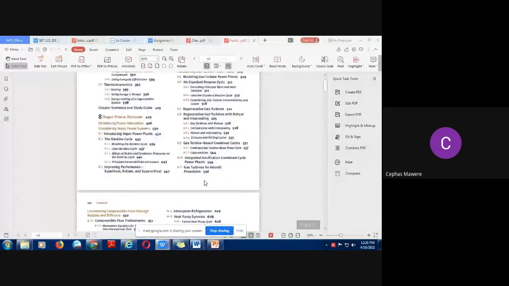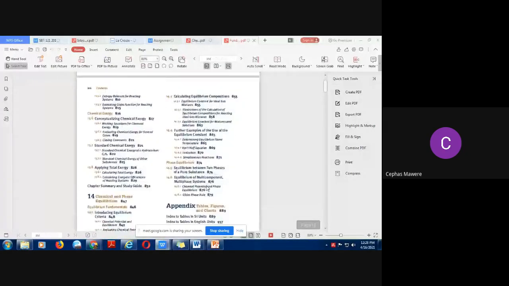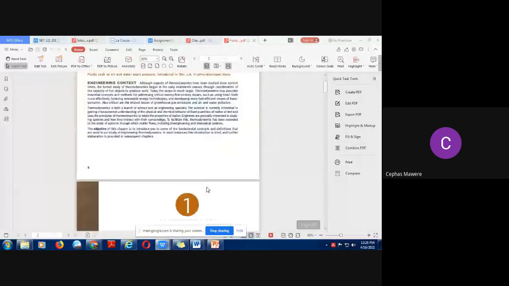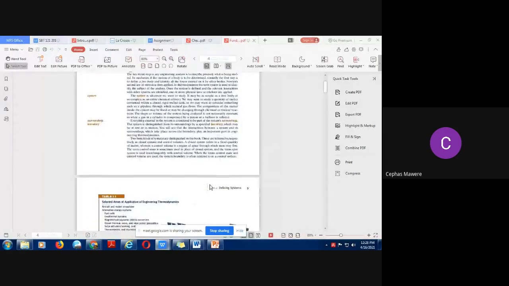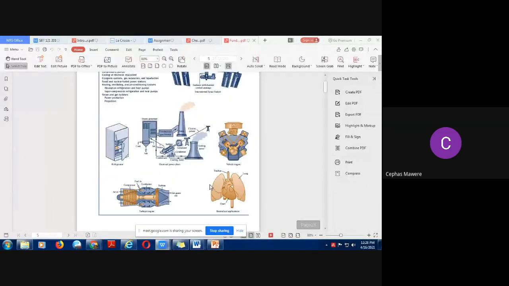So it actually makes life easier for you as you go through this particular textbook. It takes you from the very basics, and you can easily relate thermodynamic applications to the biology world, to the industrial world, and so on.